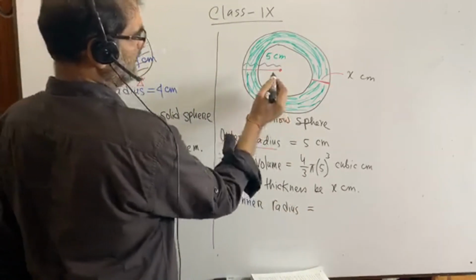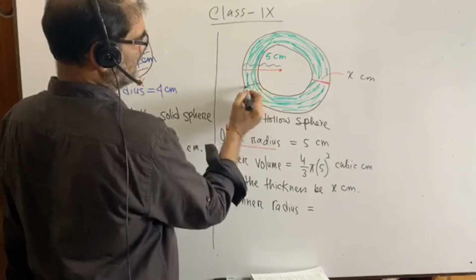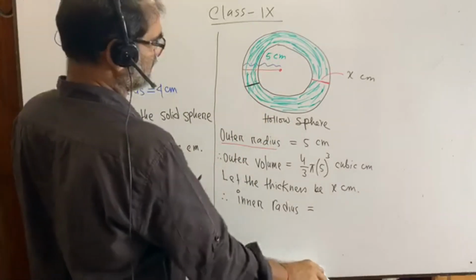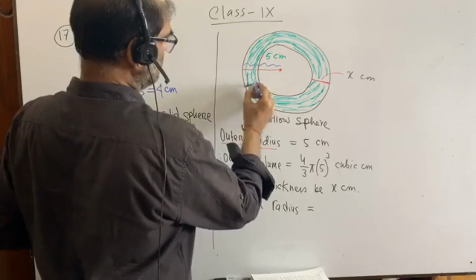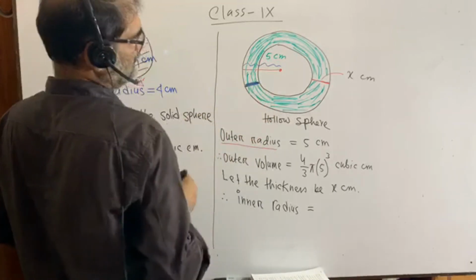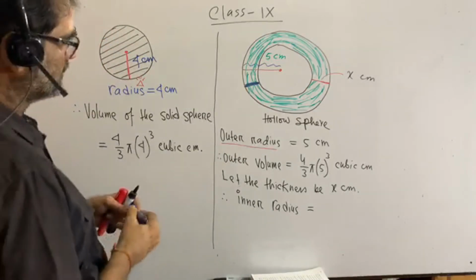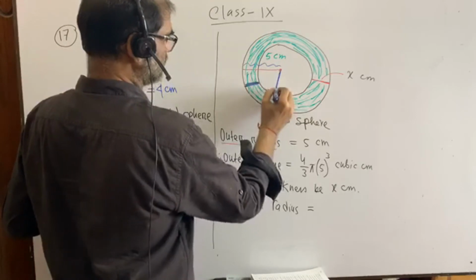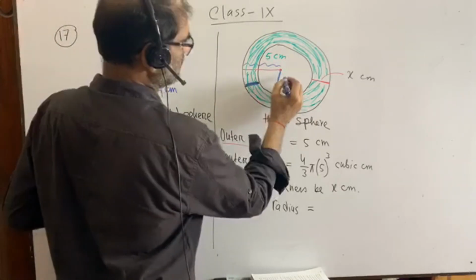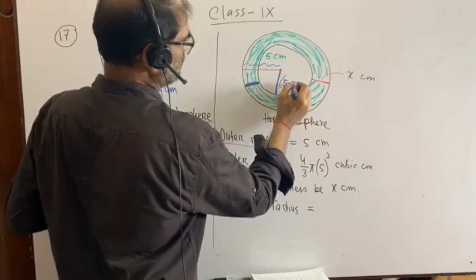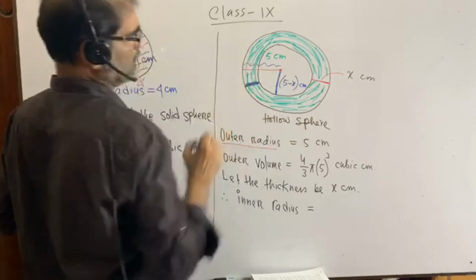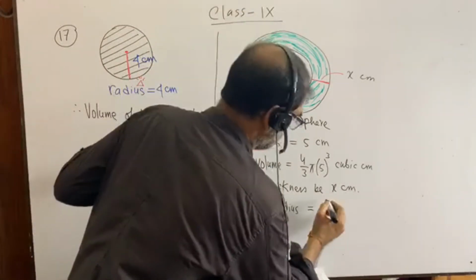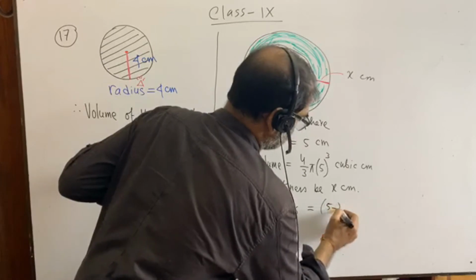If it is 5 and the thickness is x centimeter, then the inner radius is 5 minus x centimeter.